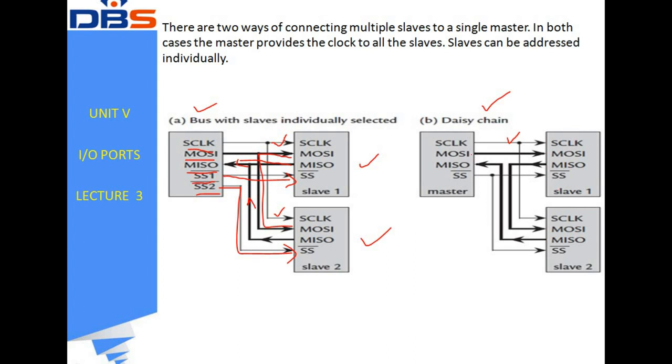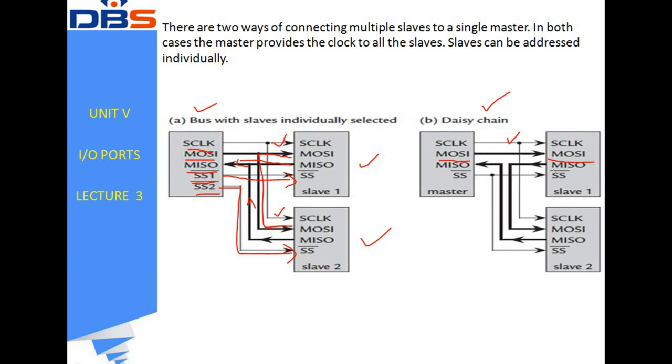See here the difference: the data which is sent through MOSI, master out slave in, is sent to only slave 1, and from slave 1 the data is transmitted onward.